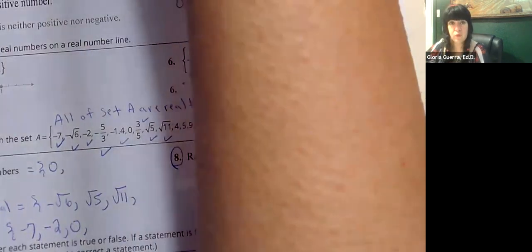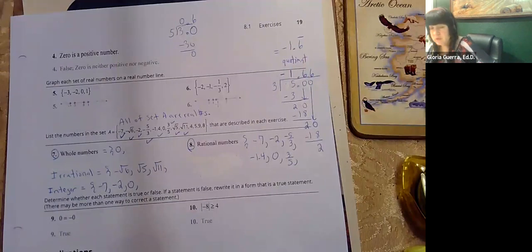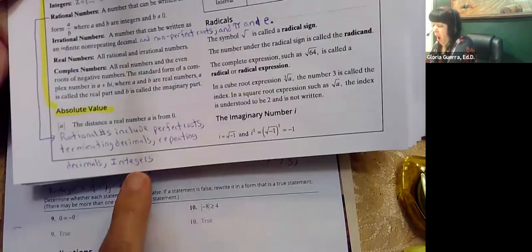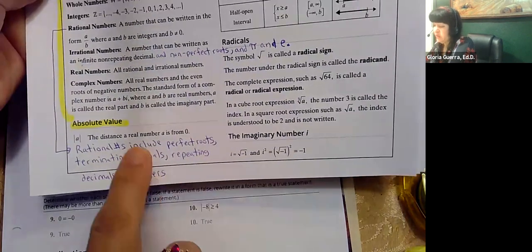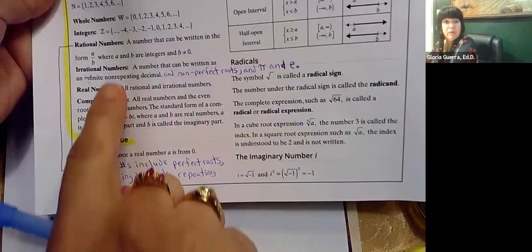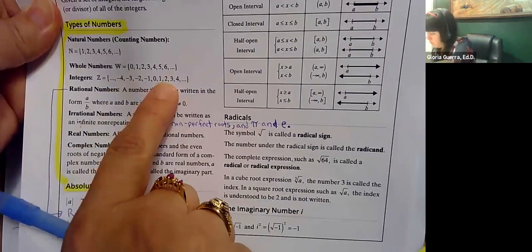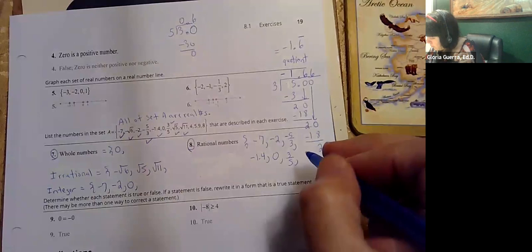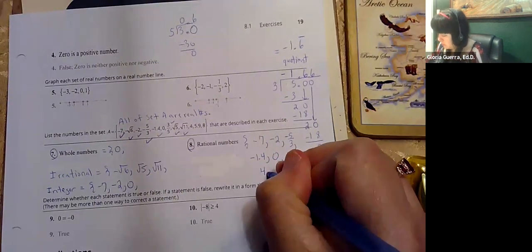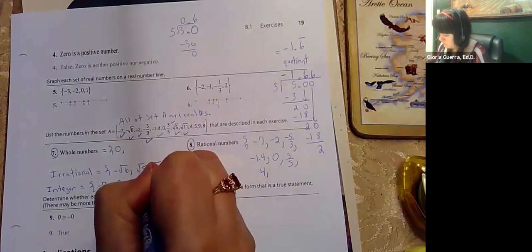So first let's look at 4. 4 would be considered a rational number because 4 is an integer. See your integers right here? See that 4? So 4 is considered a rational number because it's an integer.